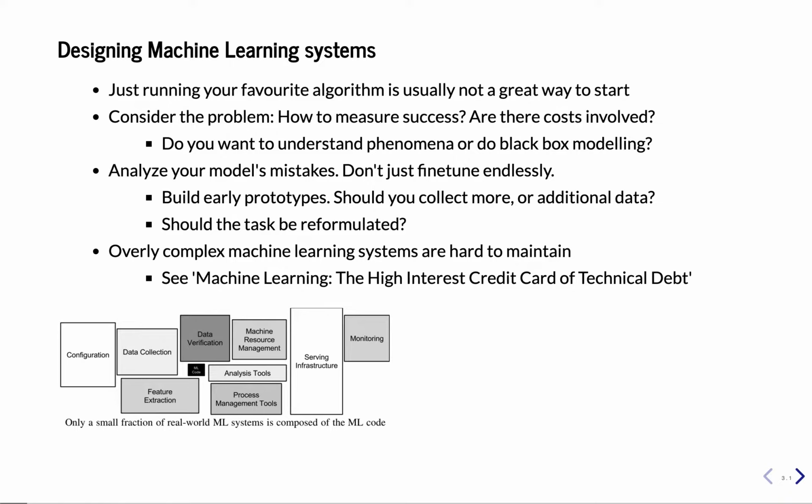Also, always analyze your model's mistakes, and do this early on. Again, it does not help to just blindly optimize a metric. Really think about what the model is doing. Look at the mistakes it makes. This often gives you a lot of insight on how you can improve the model, separate from just tuning it.